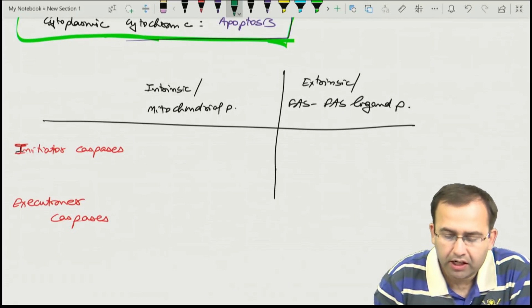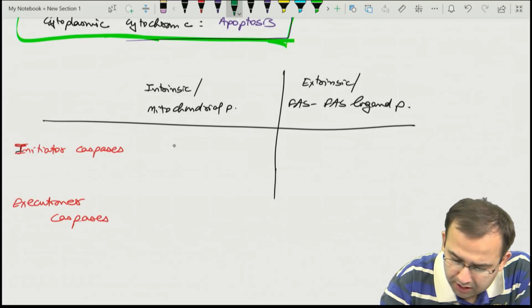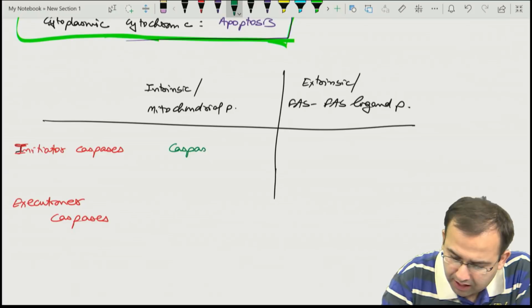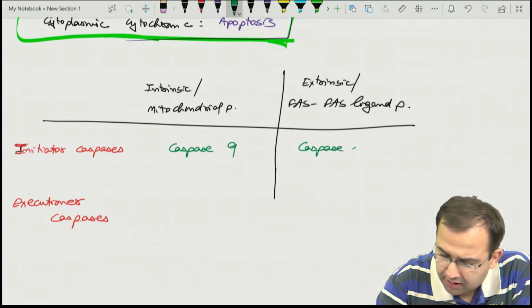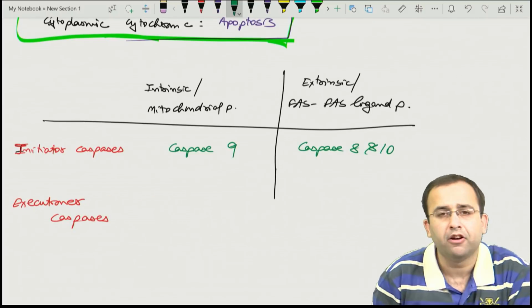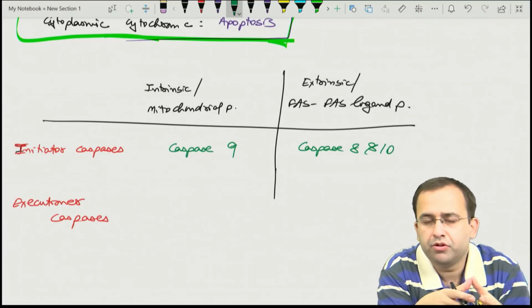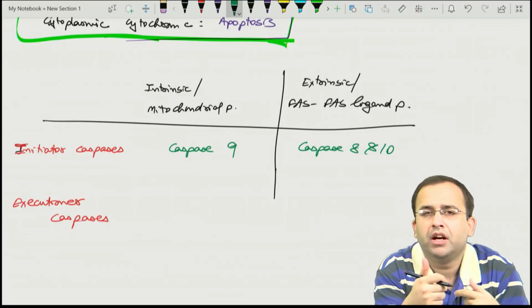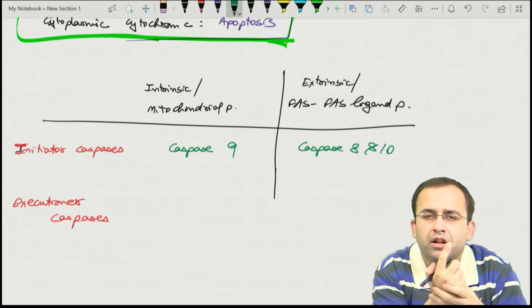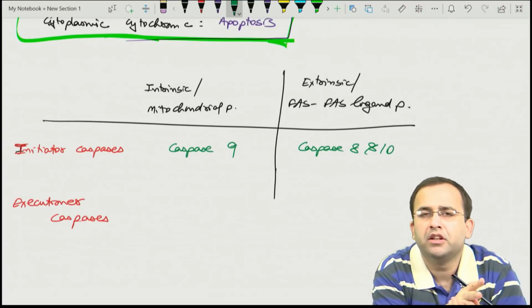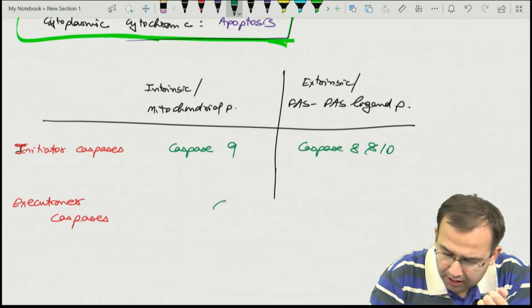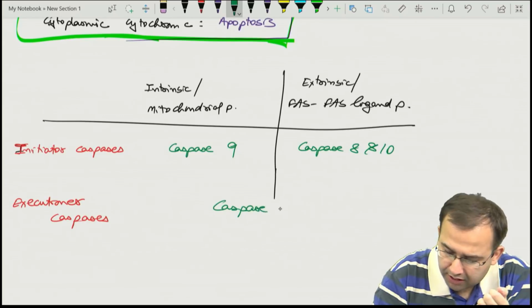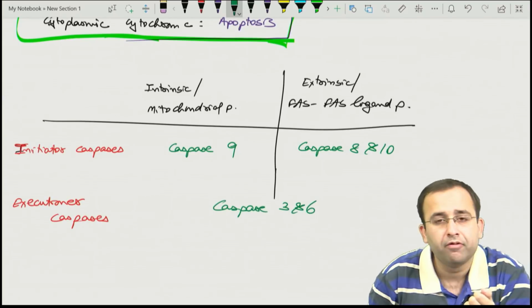The initiator caspase for the intrinsic pathway is caspase 9, versus extrinsic is caspase 8 and 10. Easy to remember. Suppose we are having a party at home. We are alone, two friends come from outside. It is a party at our home, so we will sit in the middle, 8 and 10 sit on the side. Executioner caspases for both are caspase 3 and 6.